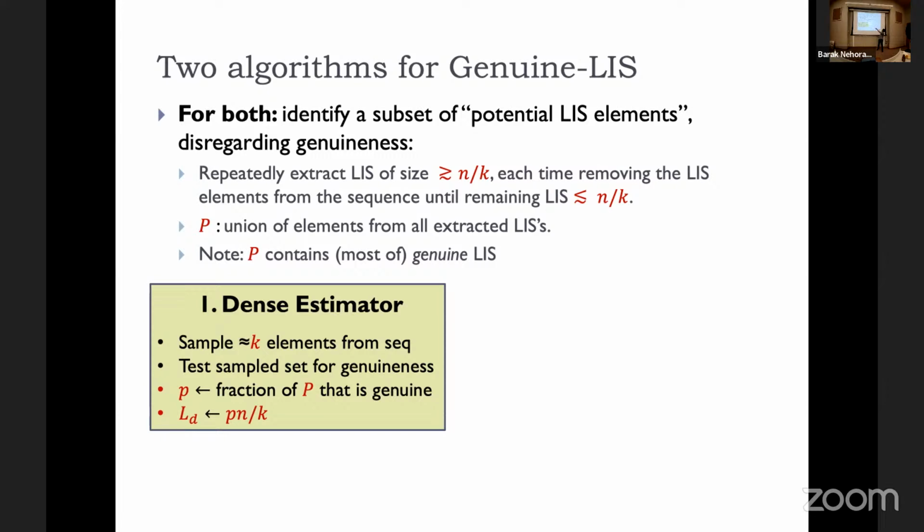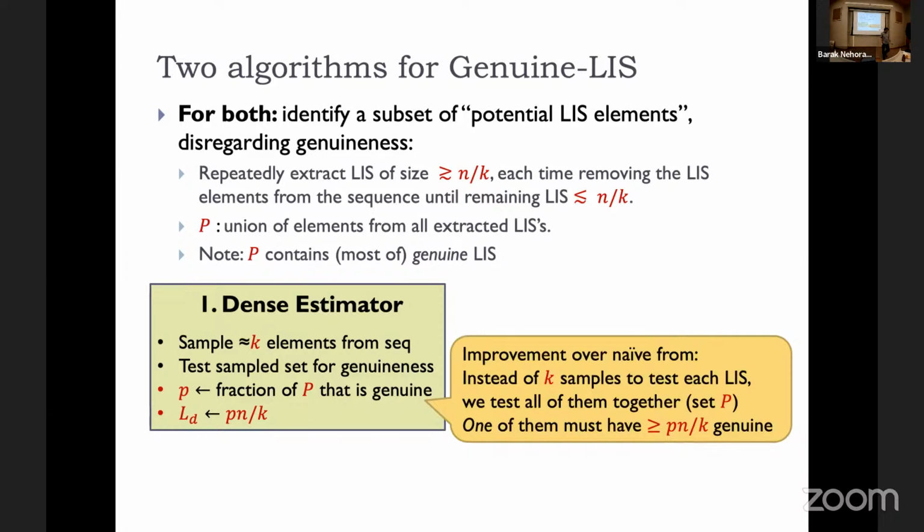So each of these extracted LIS could have only about a p fraction of genuine elements, so we only have a guarantee that about p n by k are genuine. We cannot guarantee any more.